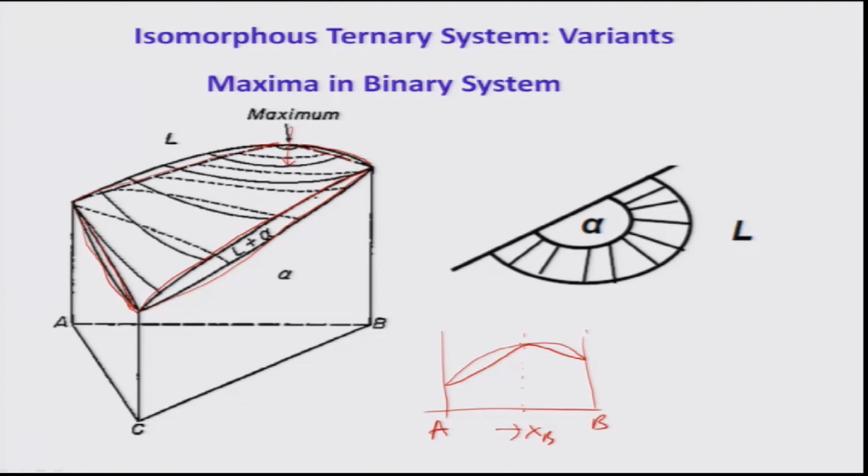And if I project it, this will be like this. You have alpha and then liquid, and this is alpha plus liquid. And these are the tie lines possible at a temperature. If I project it from the top, these liquid and solid surfaces will look like this. Now, this is one variation which is seen.